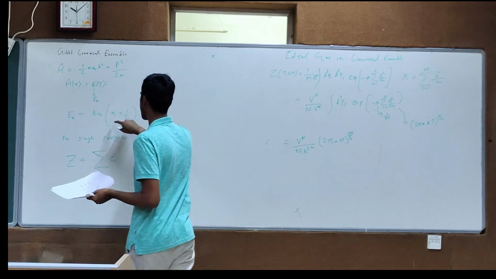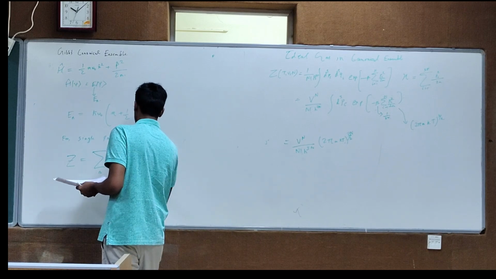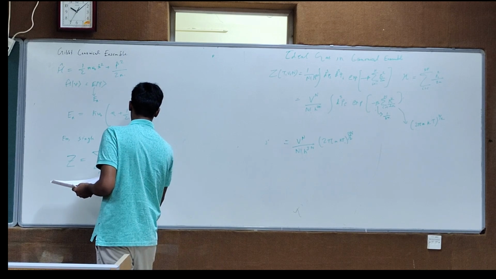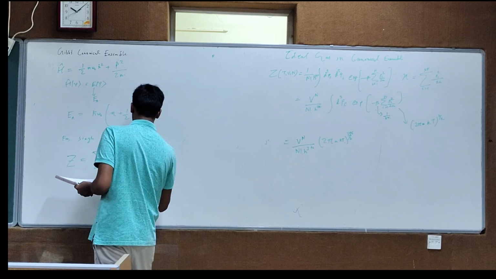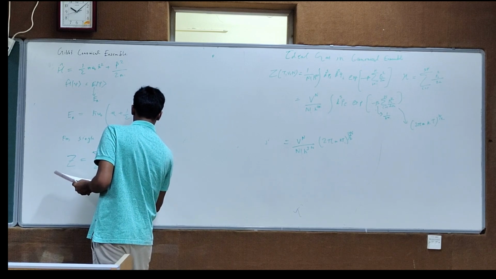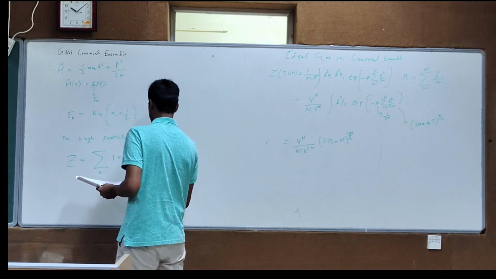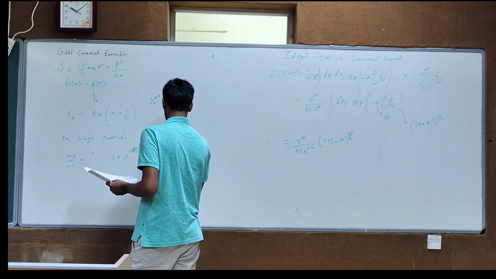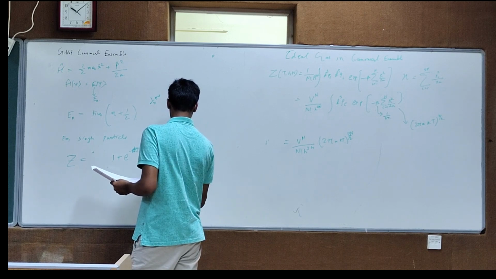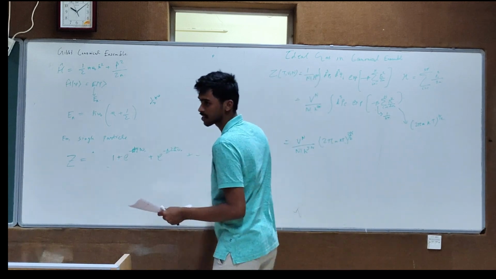So for n equal to 0, you have 1. Then you have e power minus beta h cross omega, and so on. So this is your partition function for the single particle.